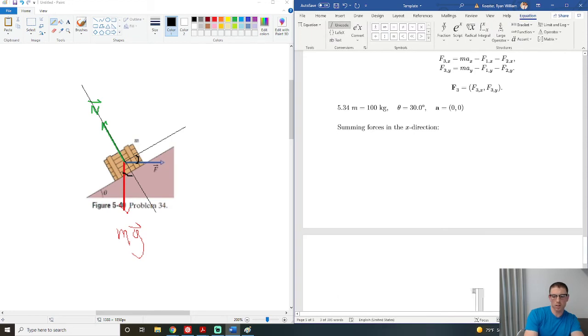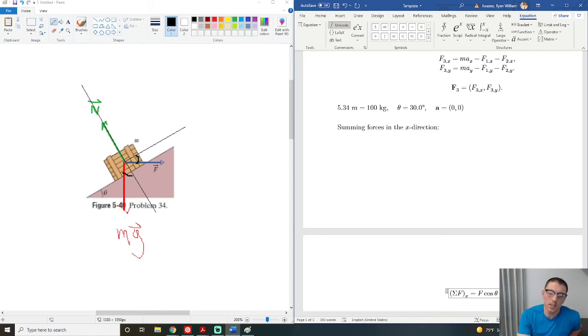What we're going to do is say the net force in the x direction is, let's see what we have here. We have a component of the applied force, which should be given by cosine in this case, F cosine theta. Now, the thing you need to remember about rotating your axes is that you will almost always have a component of the gravitational force in your x direction.